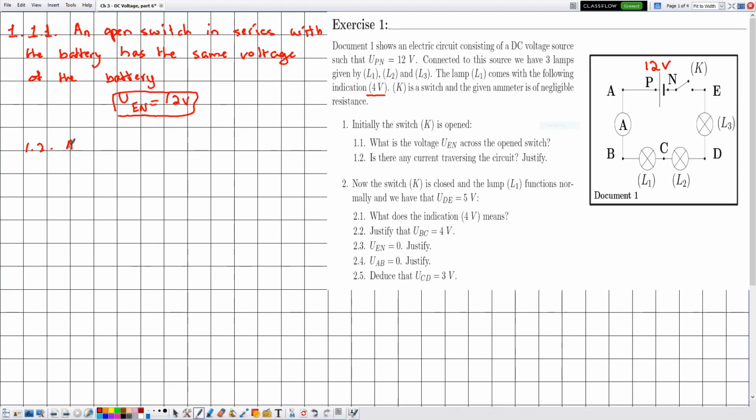Then let's write: an open switch doesn't allow electric current to pass through it. Then in this case the value of the main current is equal to 0.